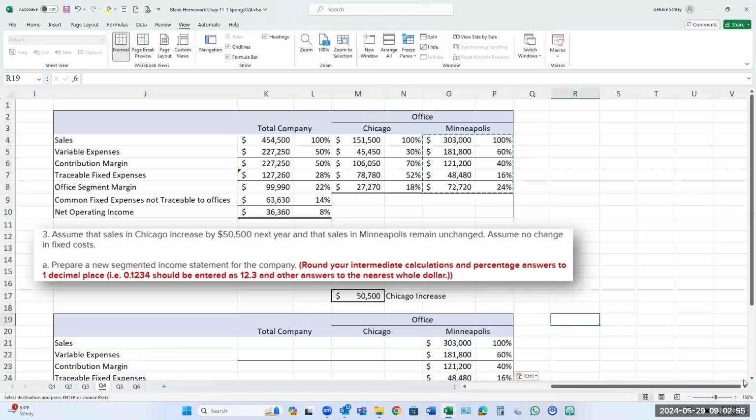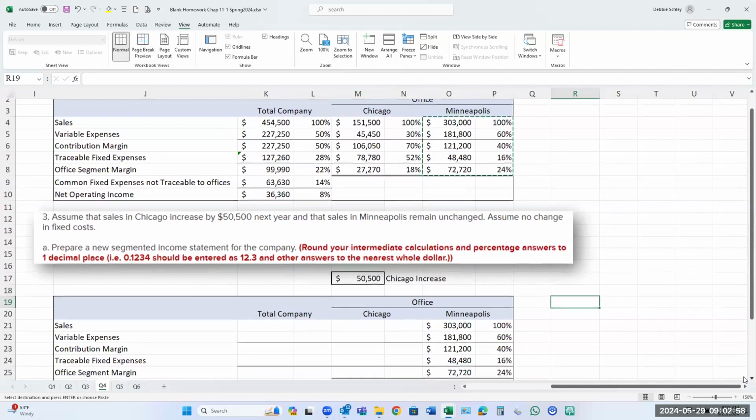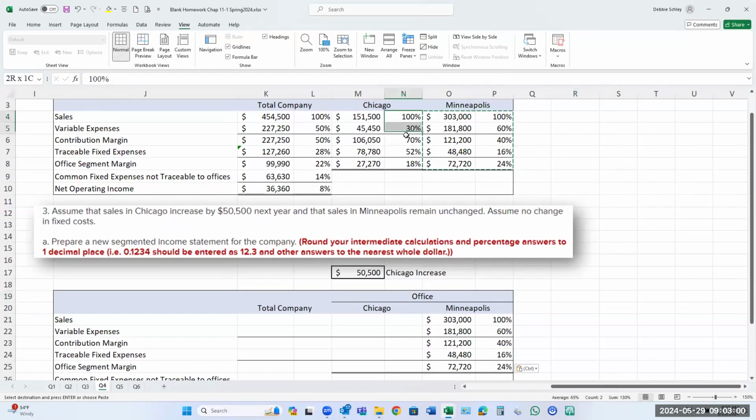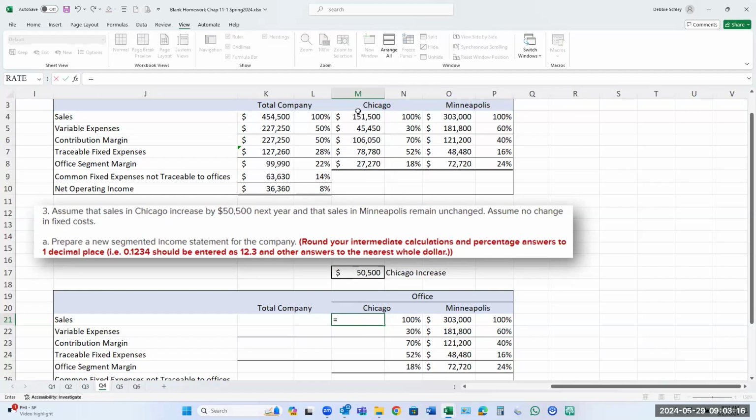Now Chicago, all that changed was that we sold more. So my ratios stay the same because none of the costs changed. And that was just for Chicago. So I need to take the original sales and add the increase with Chicago.